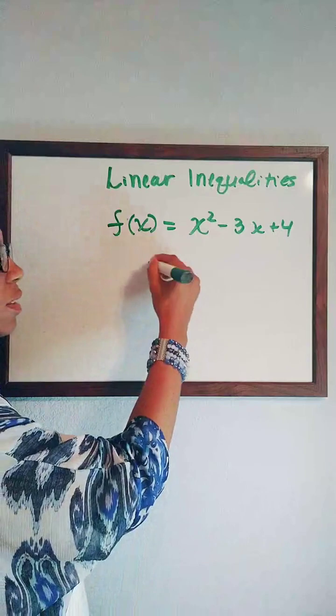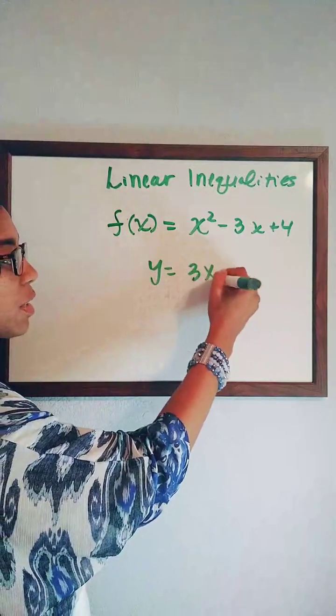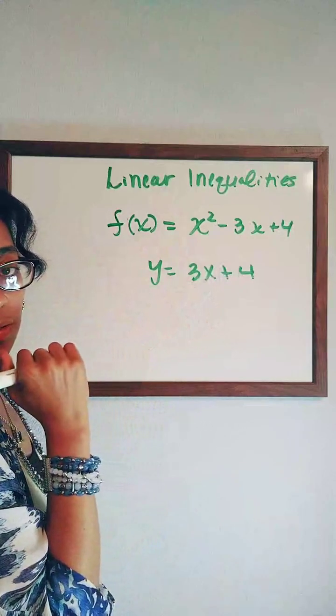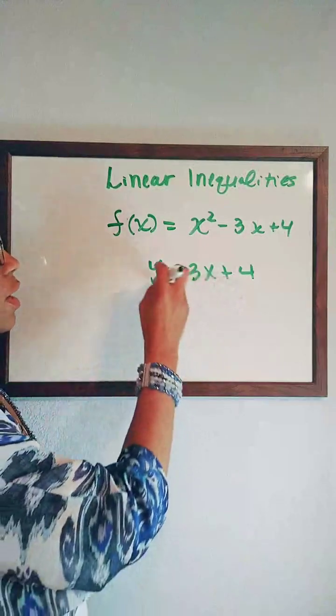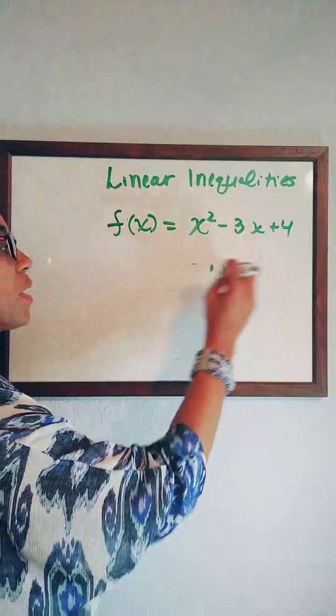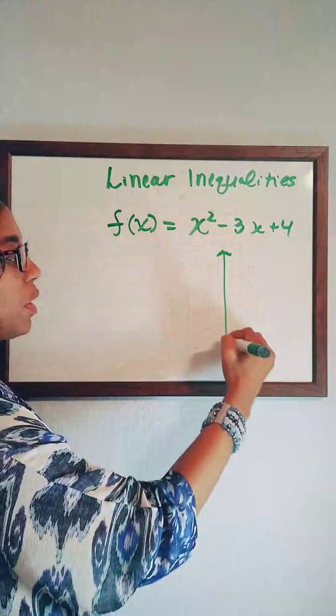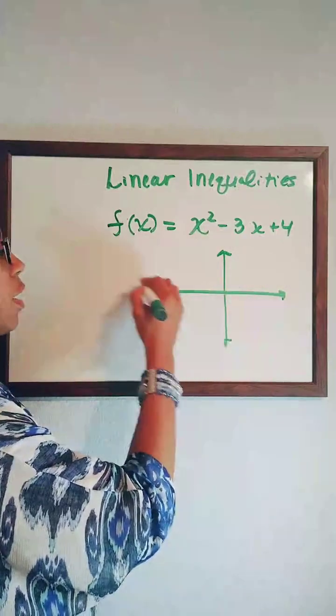Or are you talking about just like y is equal to 3x plus 4? Because this is also a function. When you graph a function, I would have to have the correct function.